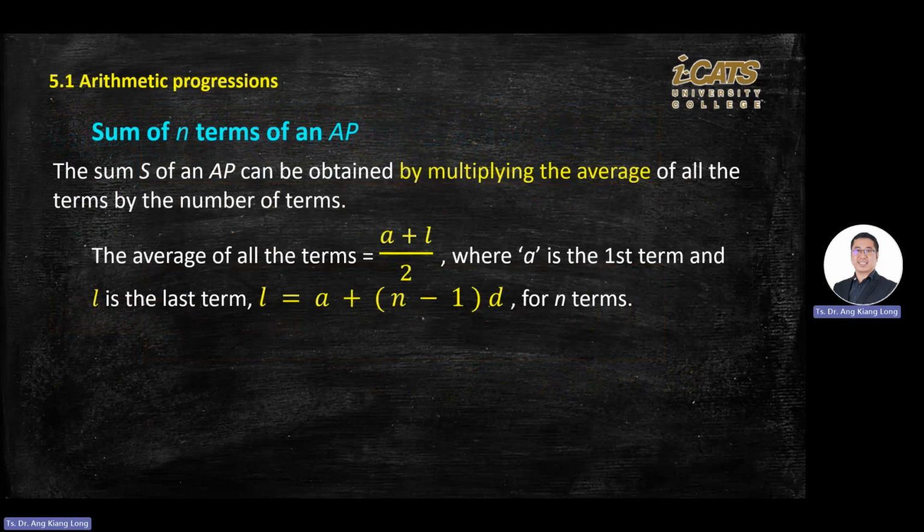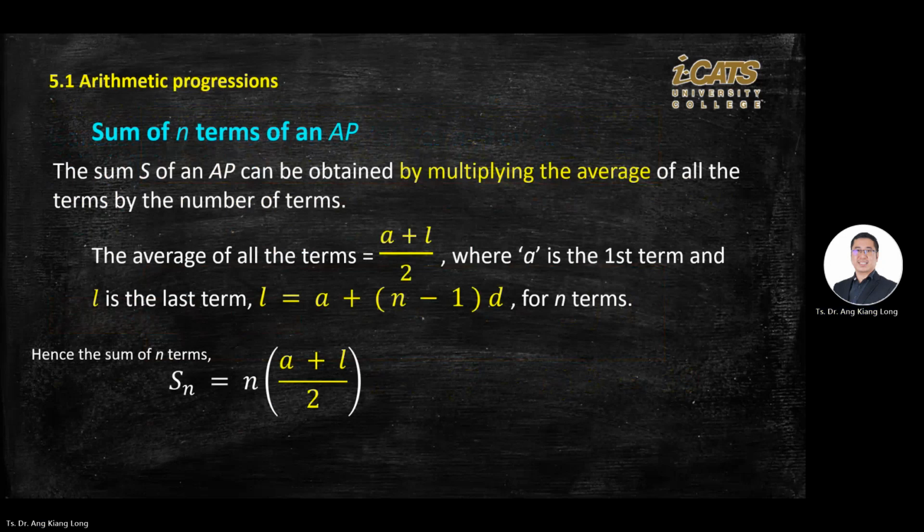So you rearrange the equation, right? So you want to find the last term: L equal to A plus (n minus 1) D. So the sum of a term, you can write in this form. Okay.